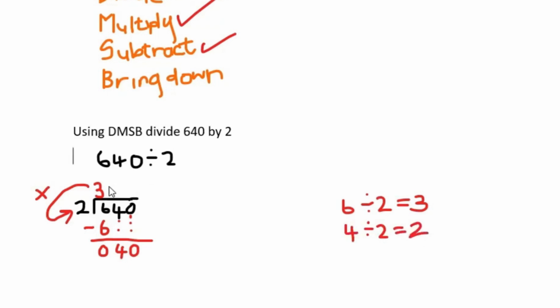So we put the 2 up there as our coefficient. Okay, then what's the next step? We've completed the division step. Now let's complete the multiplication step. We're multiplying this 2 by this 2, sorry. And what is 2 multiplied by 2?